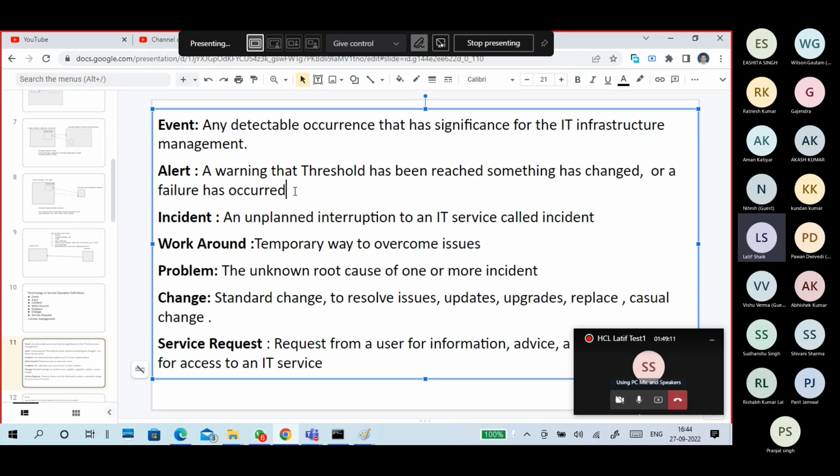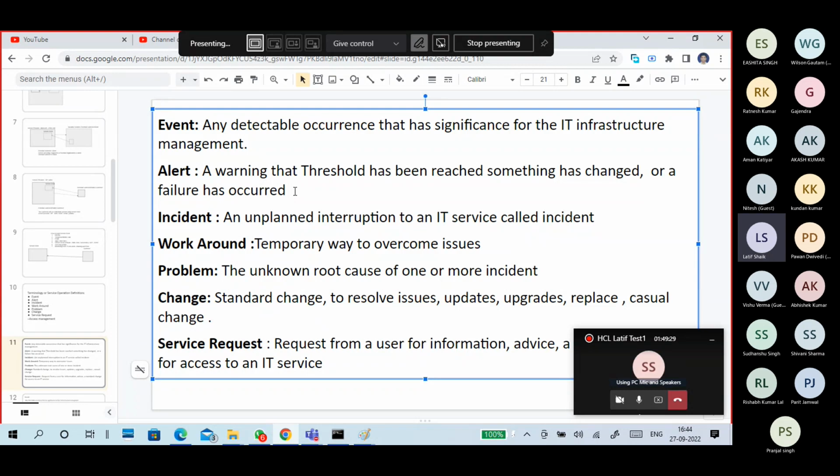So alerts mainly concentrate on warnings, failures or changes. When any change, warning or failure occurs, it will notify.